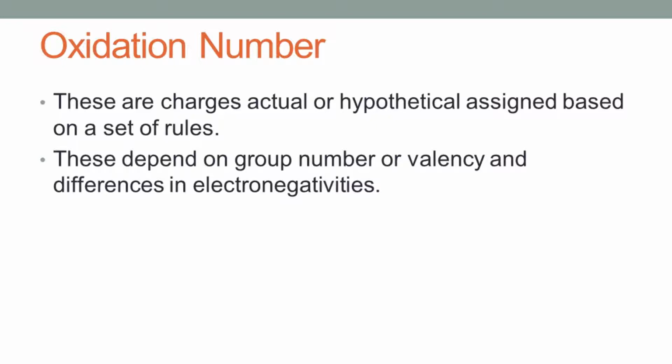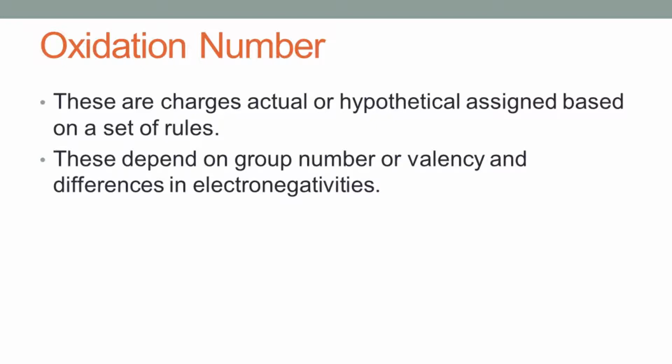Oxidation number. The valency of an element or the charge of a metal ion or charge of a negative ion are usually considered oxidation numbers. That's another way of representing the valency.